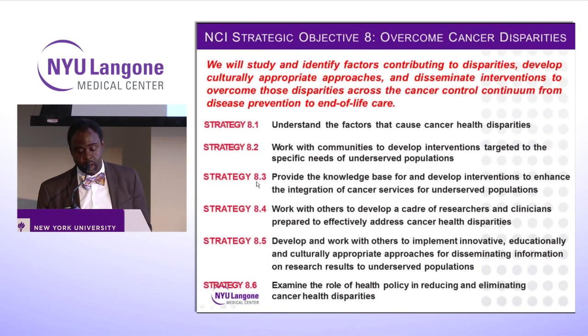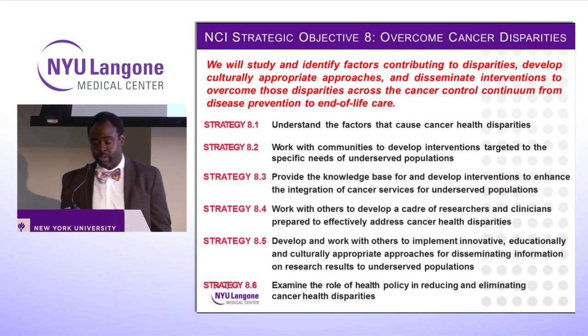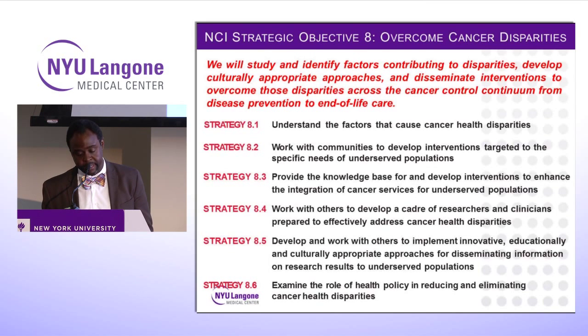I'm not going to go through all of them, but some of the more important ones are understanding the factors that contribute to cancer health disparities, and working with communities to develop interventions that will improve both the prevention and the treatment of cancer in underserved populations. And I think that very much applies to breast cancer disparities.